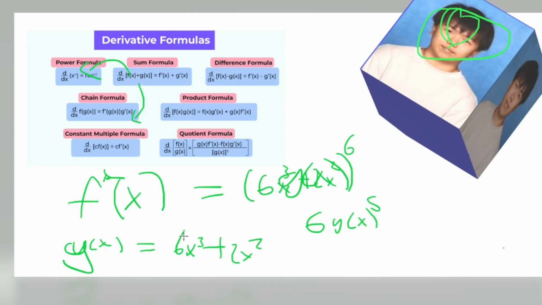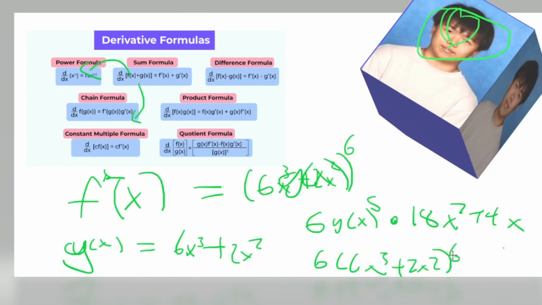And then times g prime, which is 18x squared plus 4x. Then plug that in, that's 6x cubed plus 2x squared to the 5th. That's basically how it goes.